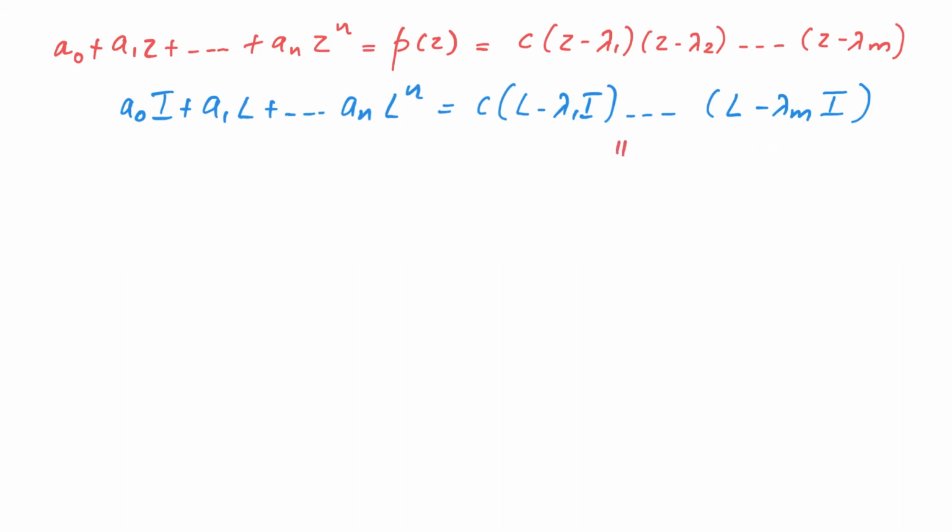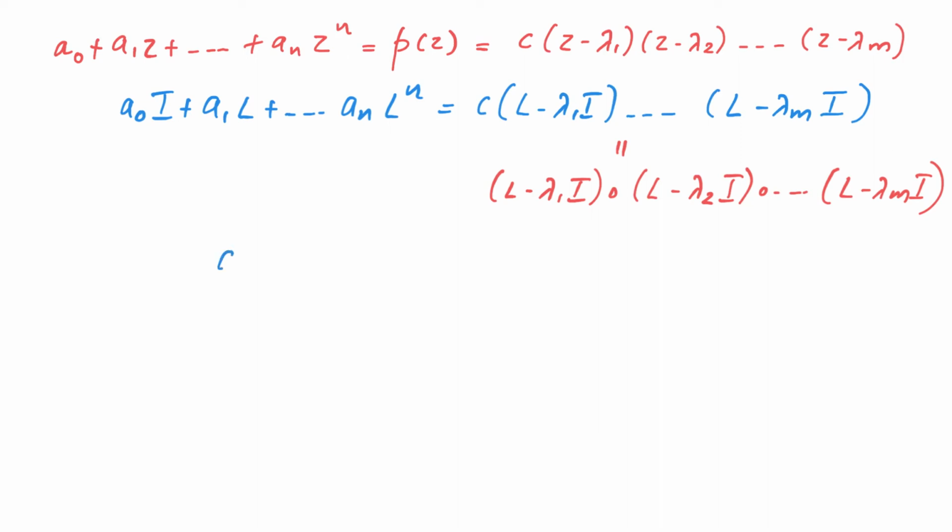By the product, I mean L minus lambda 1 I composed with L minus lambda 2 I and so on up to L minus lambda m I. With this notation, we can verify that a0 I plus a1 L plus etc. up to an L power n is equal to c times L minus lambda 1 I dot L minus lambda m I.